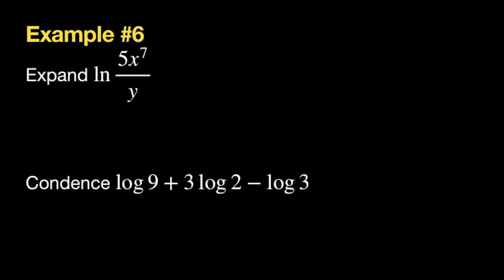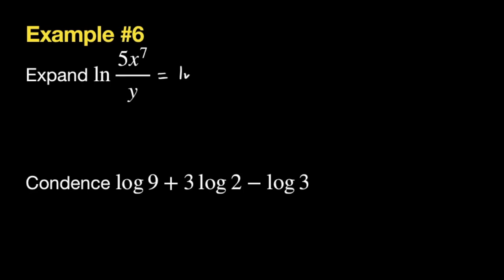For this example, we're going to expand and condense an expression. So we are going to make sure that we're able to split this one, and we're going to do it in parts. We know that the operation between these two is multiplication, and we know that the x has an exponent, but only the x. And then we have a y that we're dividing by. So the first thing that we're going to need is the product rule.